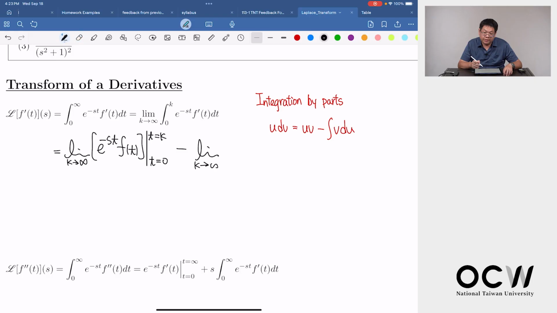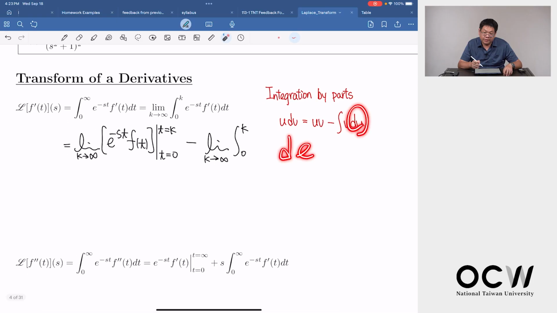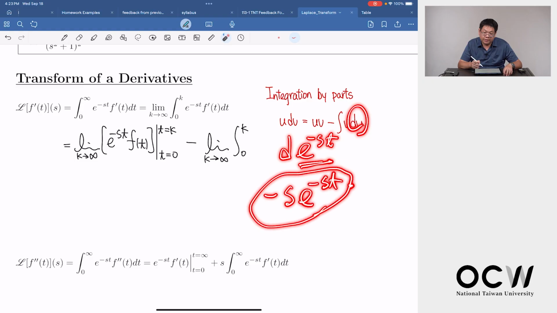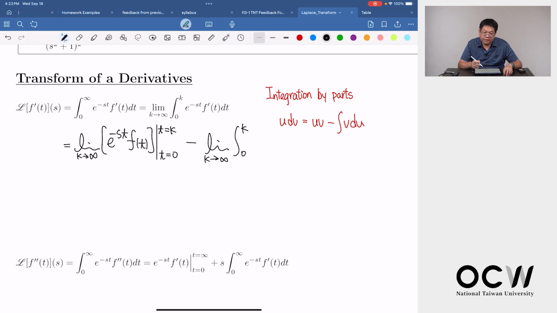K goes to infinity. Integration 0 to k, and v du. V is f of t, and du is the derivative of e to the minus st. Chain rule, we have minus s times e to the minus st. Okay? So here we have minus s times e to the minus st f of t dt.